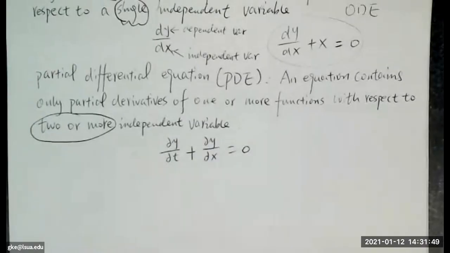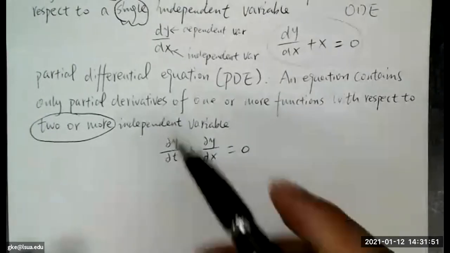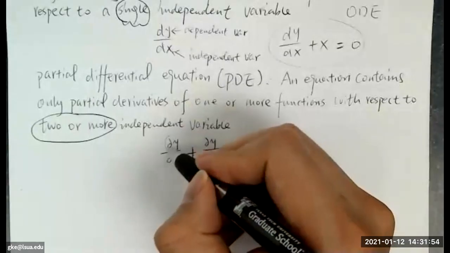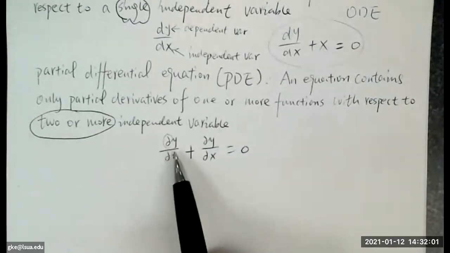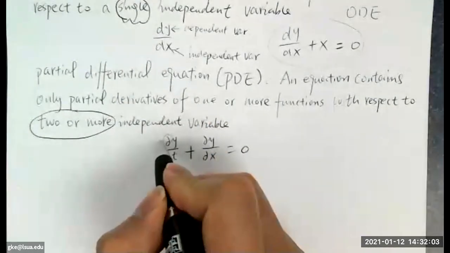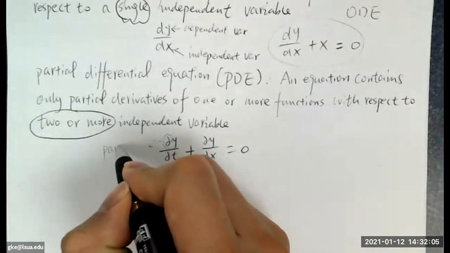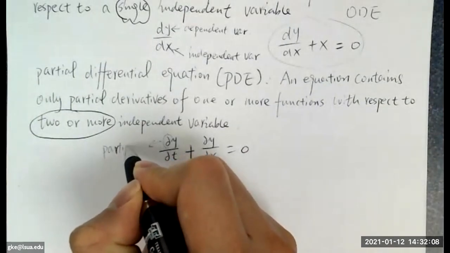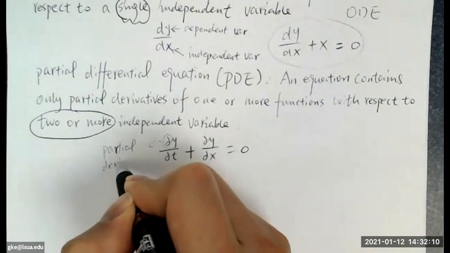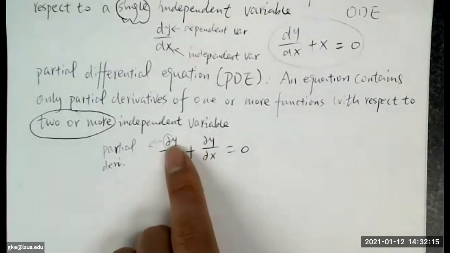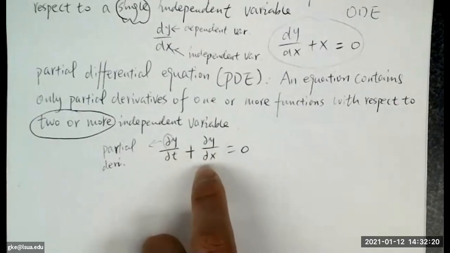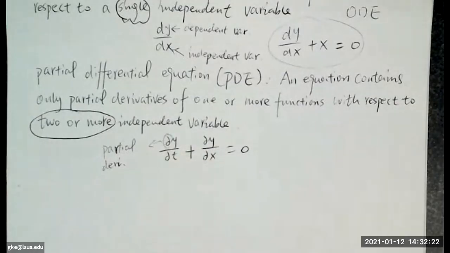For the partial differential equation, we use this symbol, which looks a little like alpha. So we indicate this is a partial derivative, and this is a PDE.